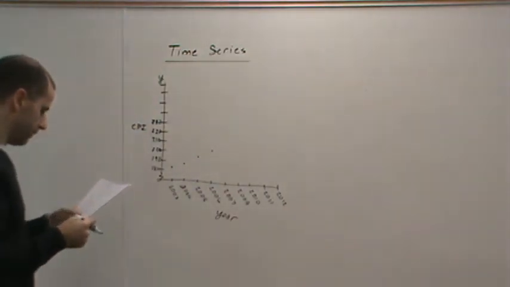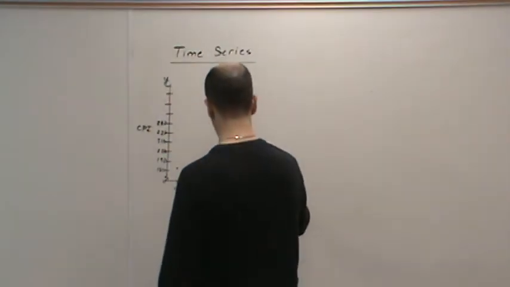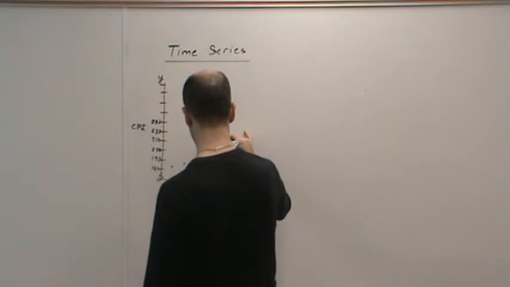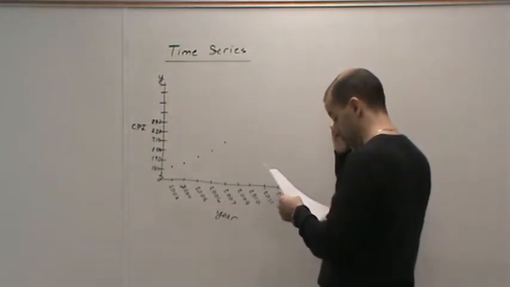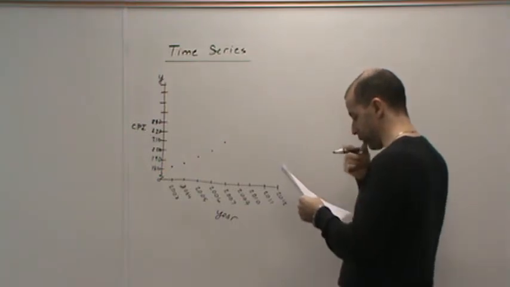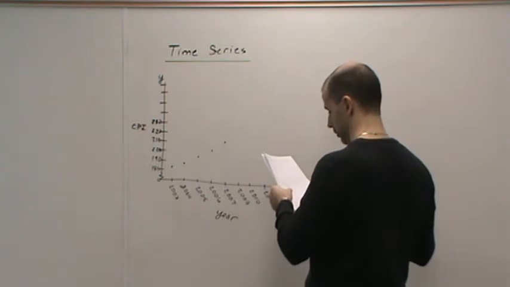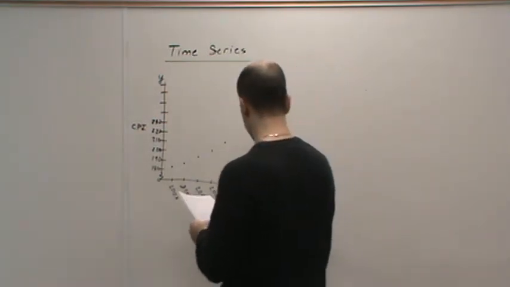And then 207.342, let's say about right there. And then it goes up to 215.303. So this is the actual data.